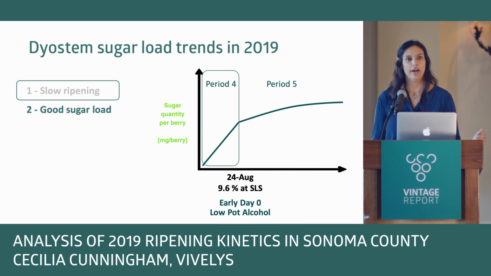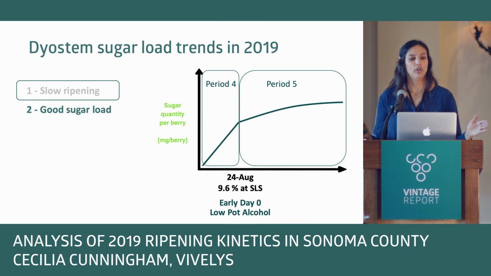So these higher VPD, these heat wave events that really hit at the time, brought us to this stop around the 24th of August with 9.6 average of potential alcohol. So it's very clear how the weather situation, even though we globally did not have a super stressful condition, affected these blocks and had an impact on a larger amount of them.